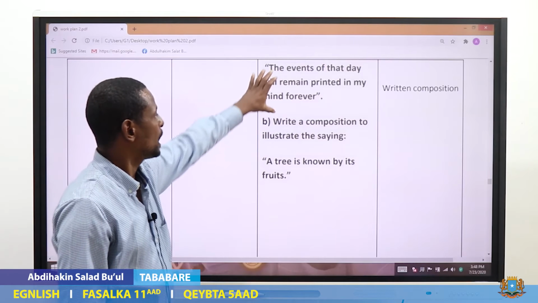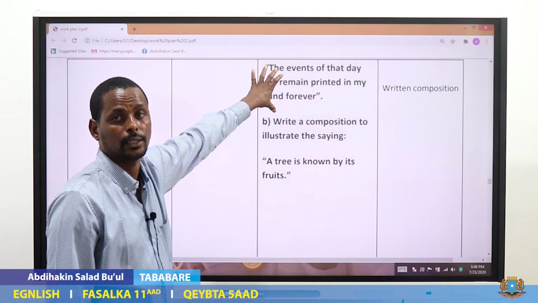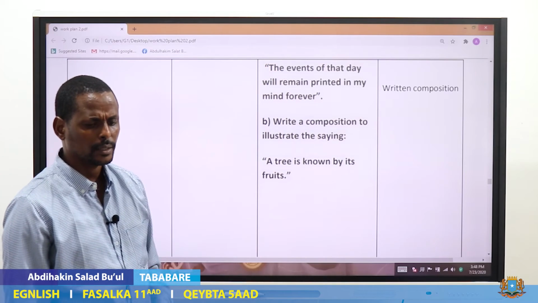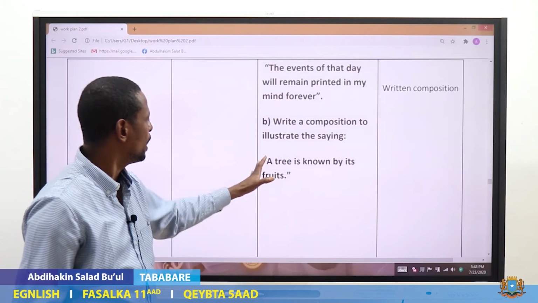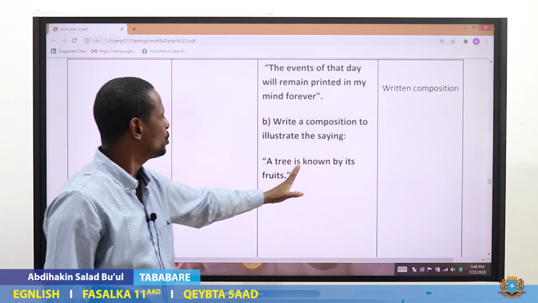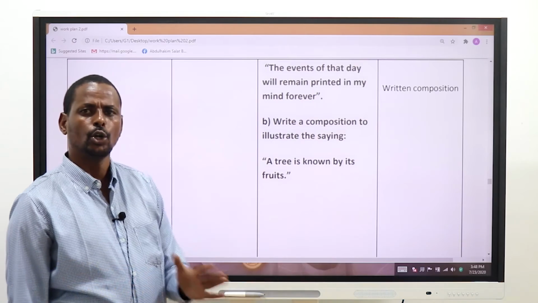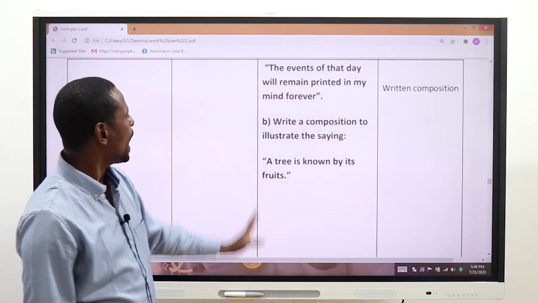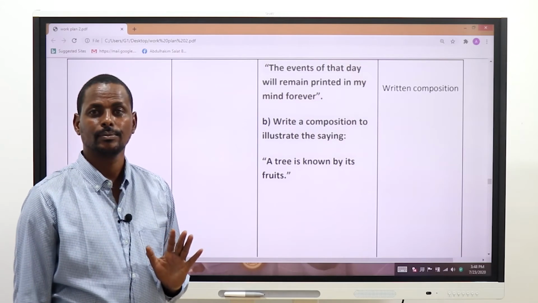Now, as I have said in the first essay exercise, the student is free to write on any topic. Similarly here, he should choose the topic, but it is the choice of the student to either agree with this proverb or disagree.